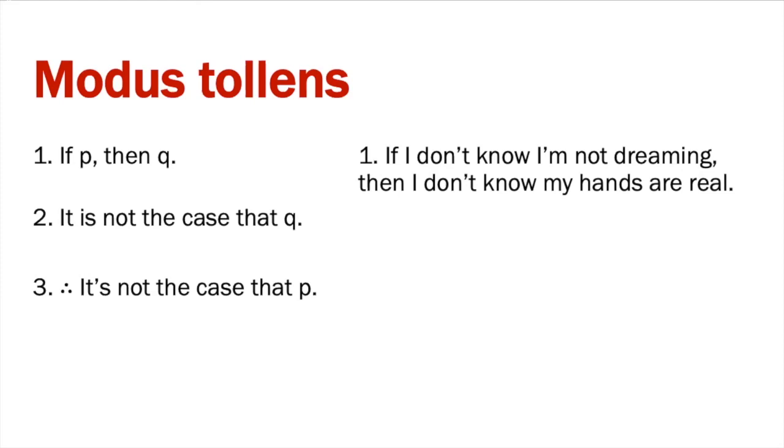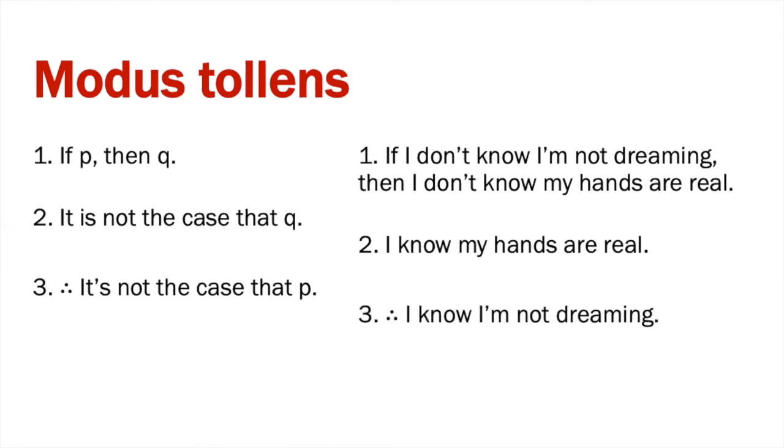But then G.E. Moore flips this, and instead of doing a modus ponens, he does a modus tollens. He says, I know my hands are real, which is very intuitive. Therefore, I know I'm not dreaming. So this is called Moore's flip, and it's one of the more famous modus tollens arguments. All he's doing is denying the consequent, which allows him to deny the antecedent too. He denies Q, and that allows him to deny P.